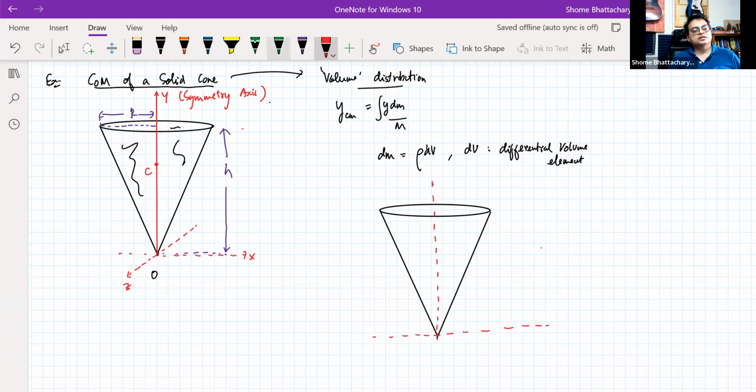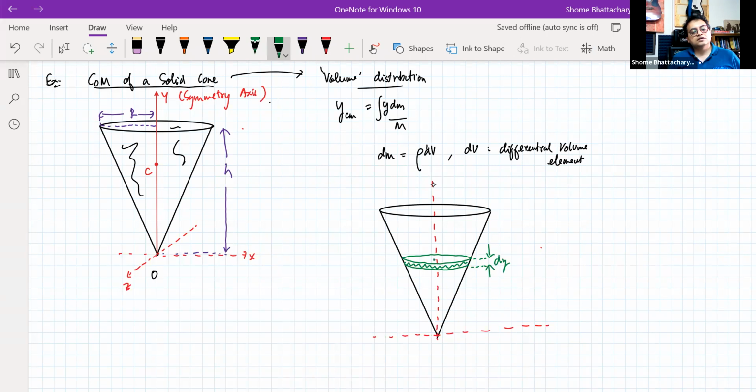If we slice a disc over here, we consider not the thickness along the side length L, but the vertical thickness, which is dy.